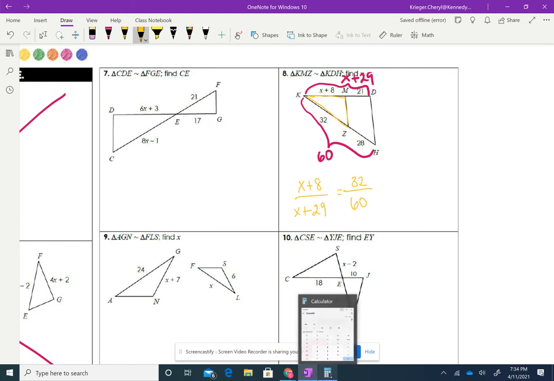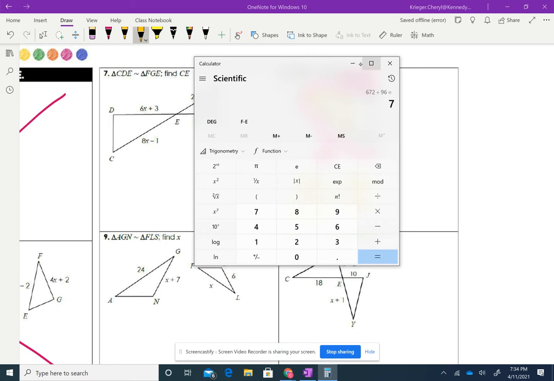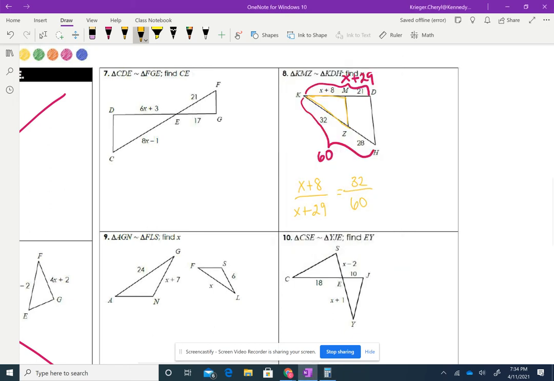So 32, let's just divide by 2. 16 and 30, divide by 2 again. 8 and 15. So I'm just going to make that 8/15.